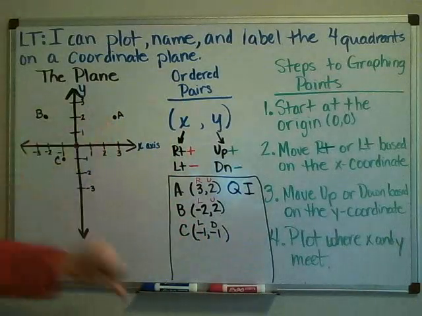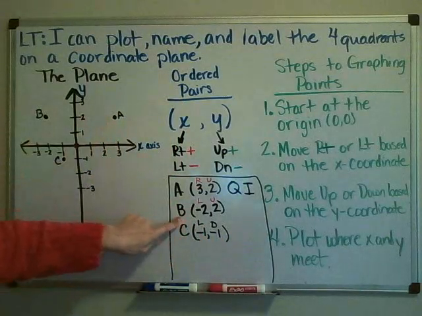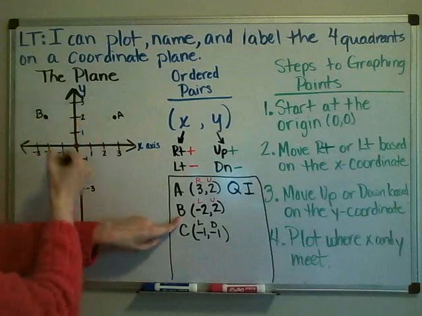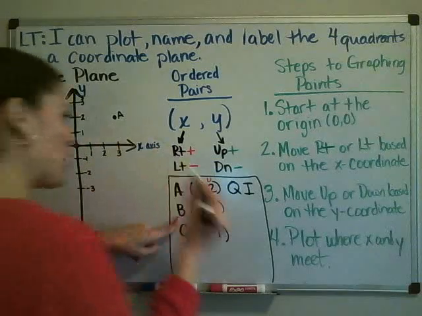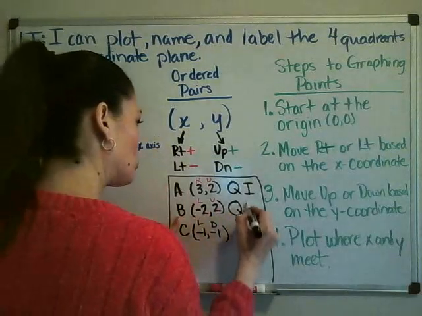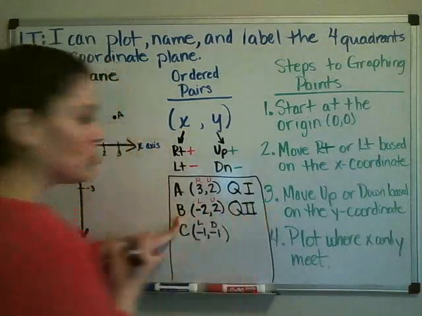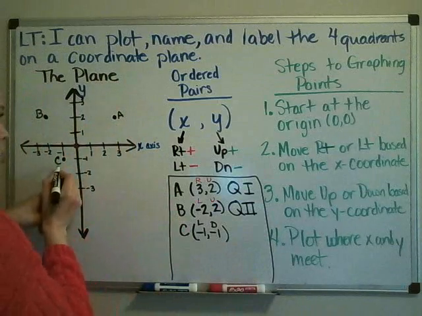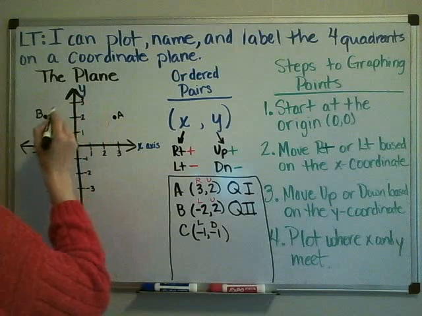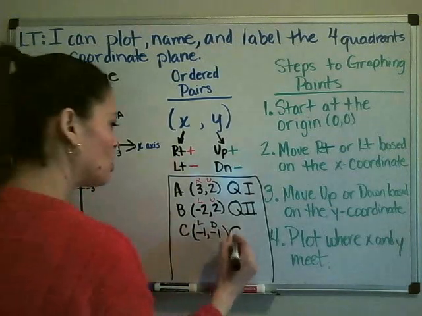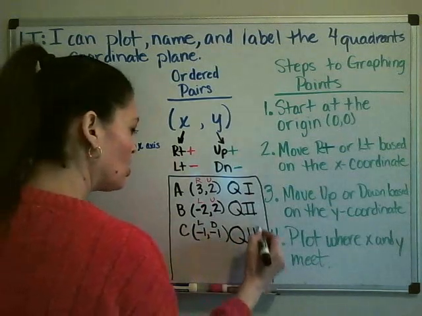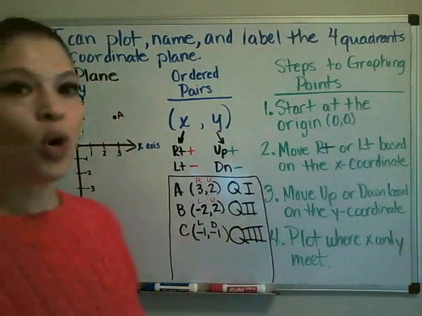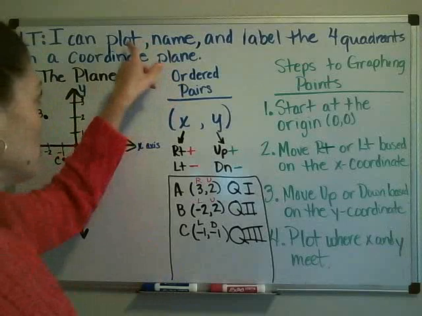Okay. B is going to be quadrant, look at your notes. Remember the rotation, it goes counterclockwise. It's going to be quadrant 2. And point C is going to be quadrant 3.